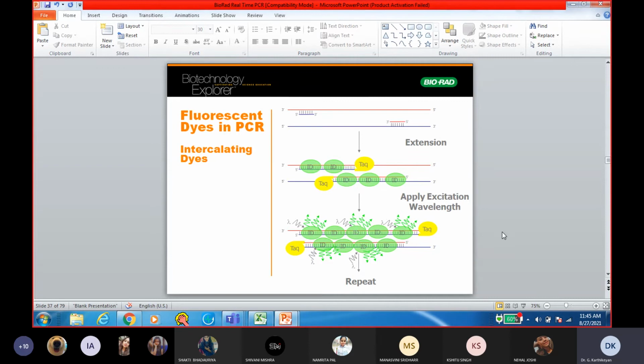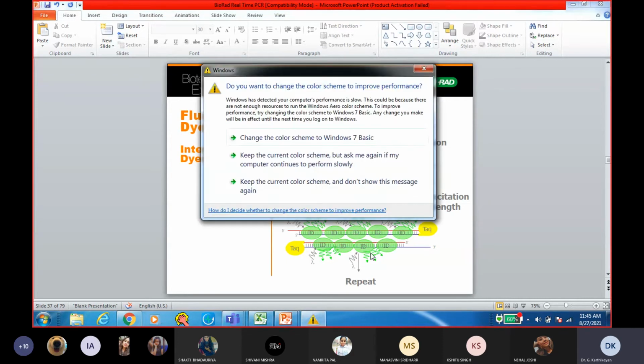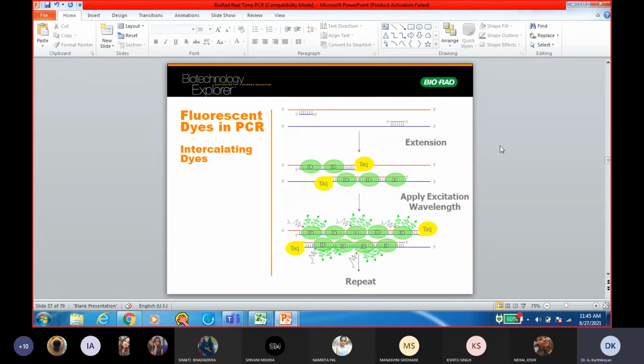So at the end of say 25 cycles, when you have about 1 million copies of the PCR product, SYBR Green is going to bind much more strongly compared to, say, the 10th cycle or maybe even earlier. As the amount of double-stranded DNA keeps increasing, the fluorescence intensity of the SYBR Green also keeps increasing.